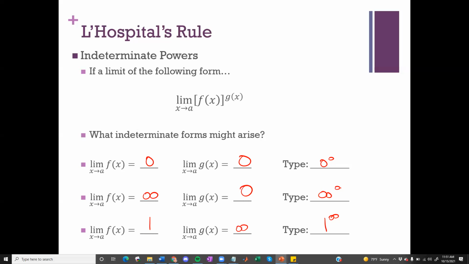As x goes to a, f of x is getting closer to 1, but it might not always be equal to 1. You could be raising a number that's close to 1 to bigger and bigger powers, and that would not be 1. So it's all about the fact that these things are dynamic and that we're looking at limits.